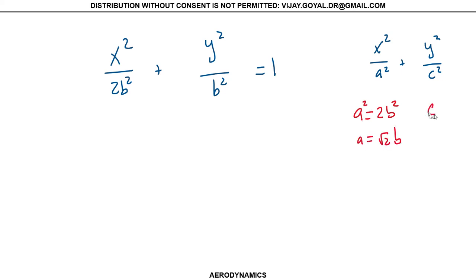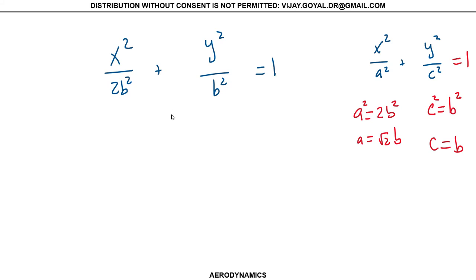Or I can show that c squared is equal to b squared, comparing this side with this side, so c is equal to b.